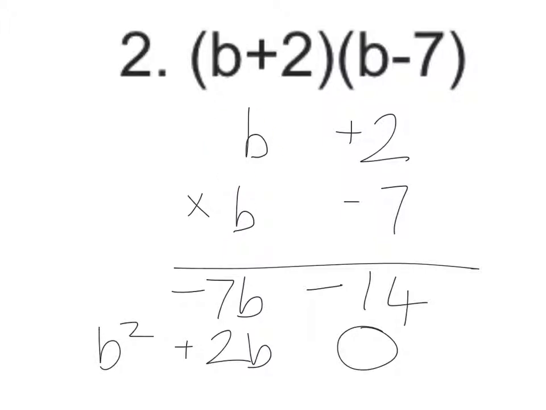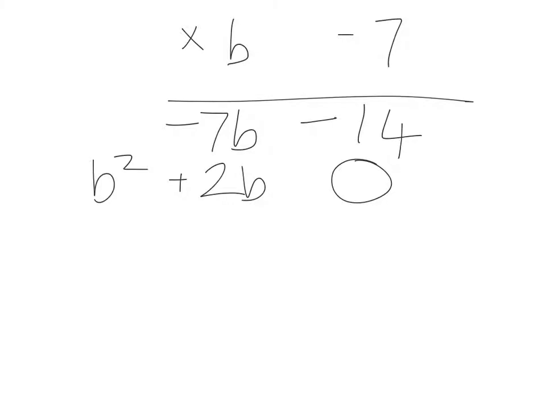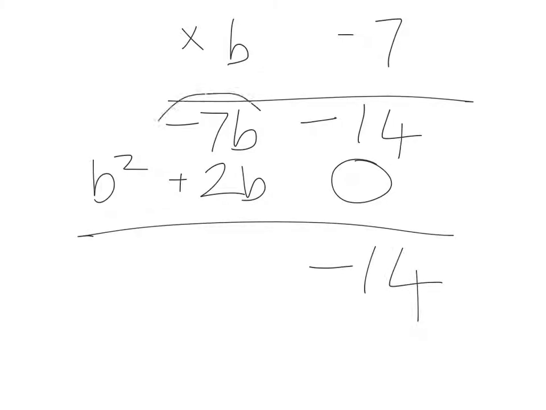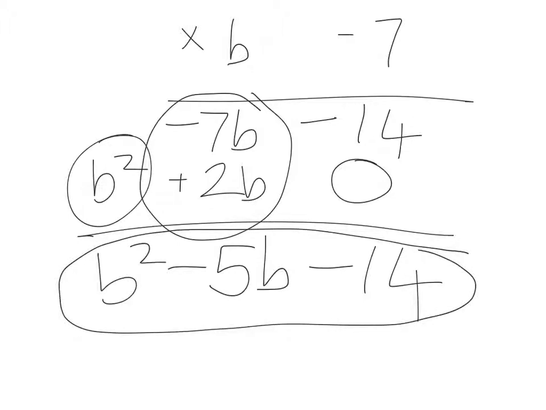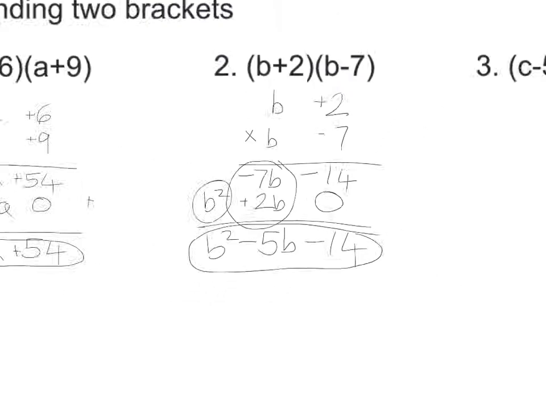Now of course I'm going to have to add these. Negative 14 plus 0 is negative 14. Negative 7b plus 2b is negative 5b. And b squared is just b squared. So in this case you've got b squared minus 5b minus 14.